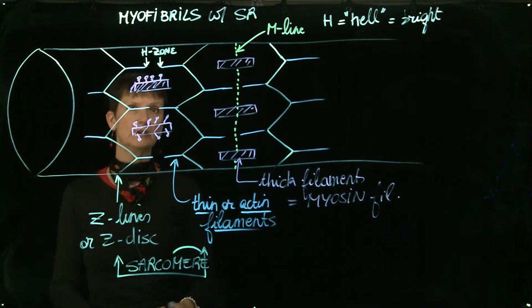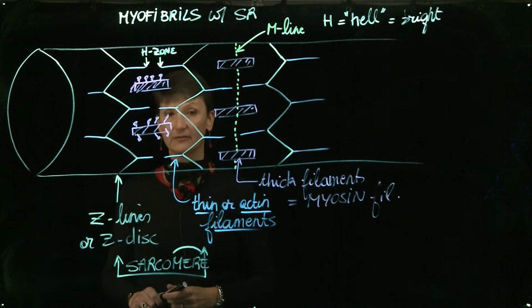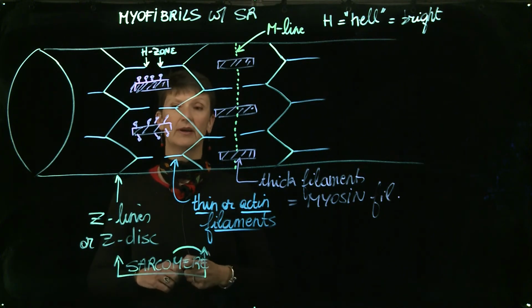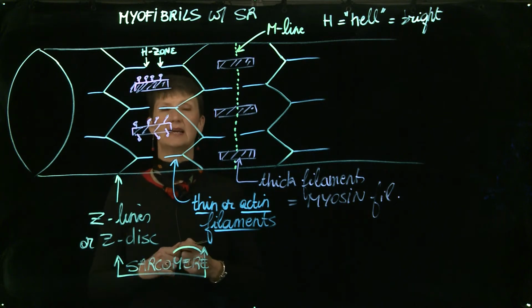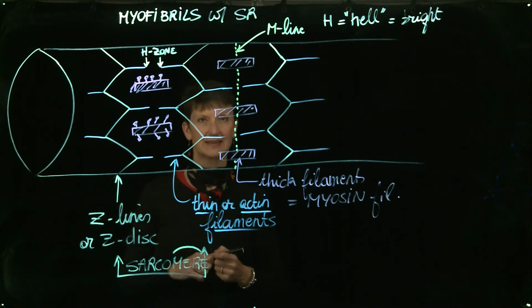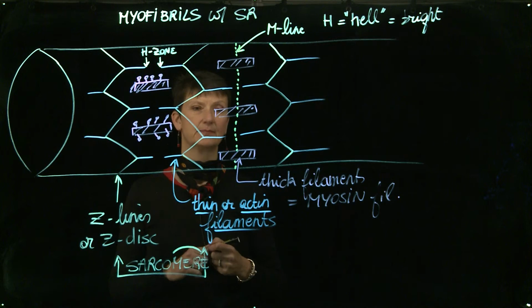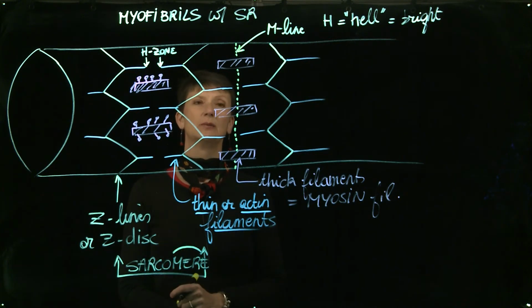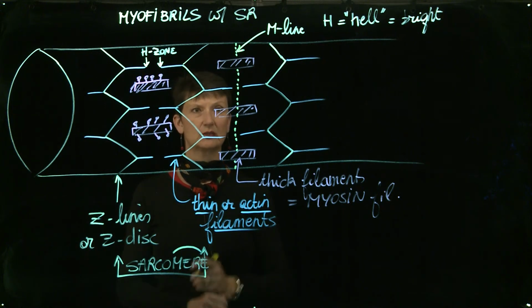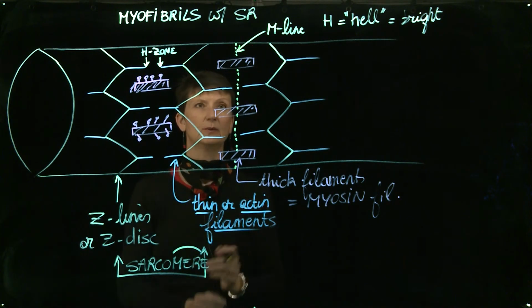The final thing we now need to point out is that we have areas where we have just thin filaments and areas where we have both thick and thin filaments. The areas where we have both thick and thin filaments correspond to the length of our thick filaments.